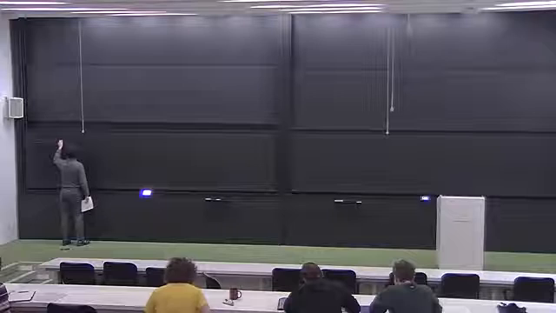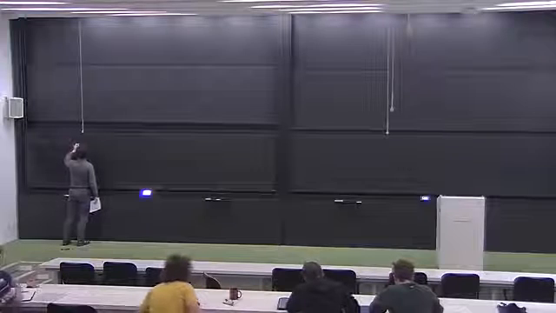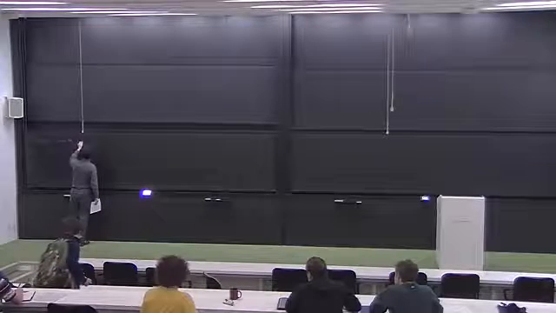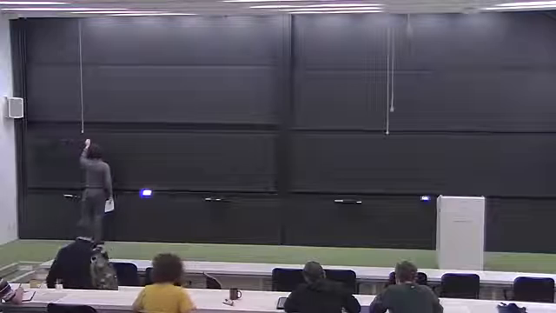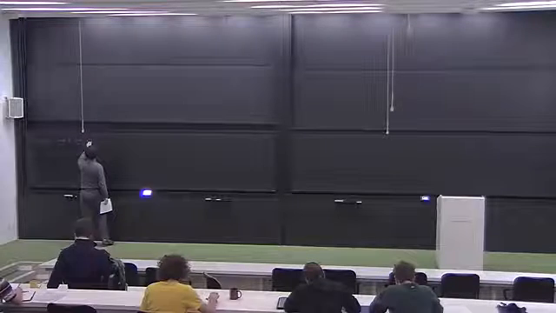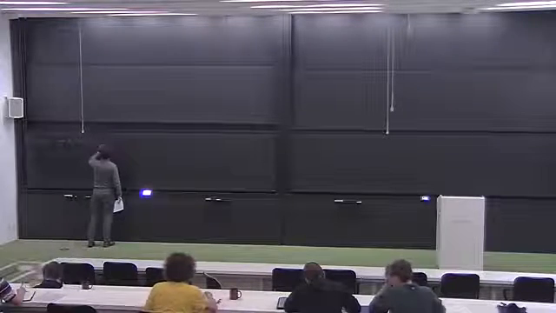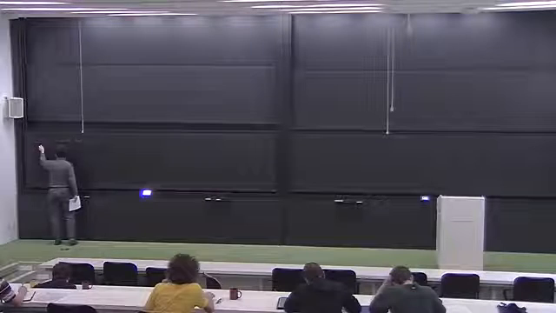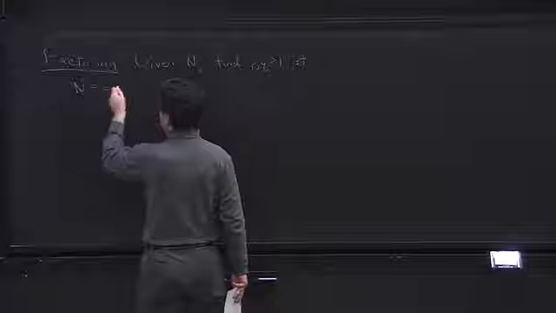Given some number n, our goal is to find non-trivial p and q such that n is equal to p times q.